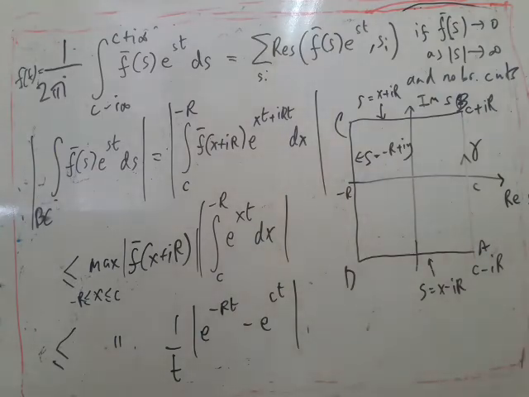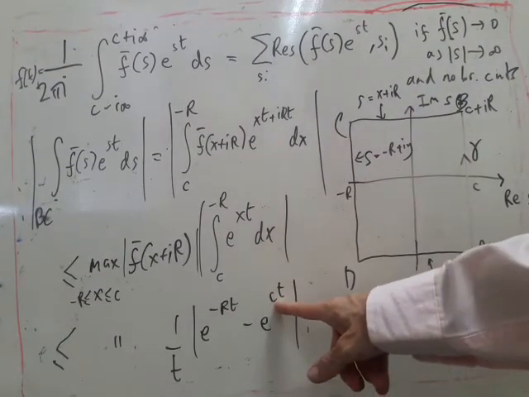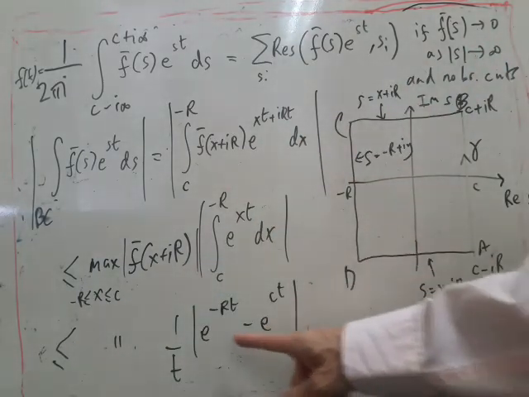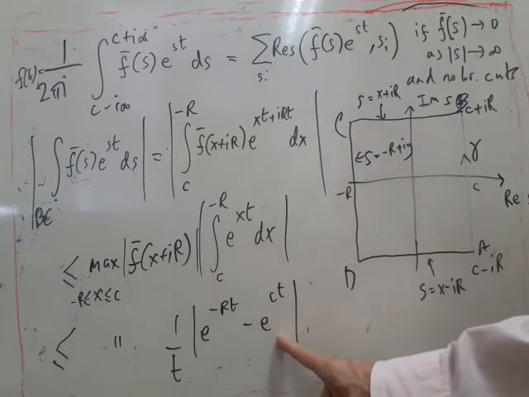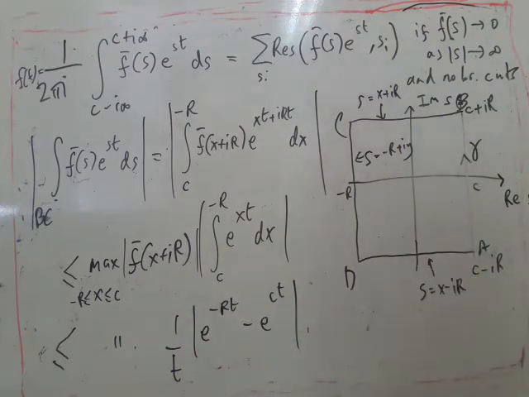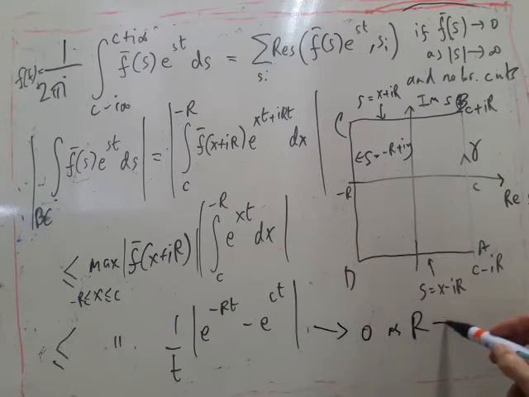I have to be careful, this is just some constant. So as long as this bit here is tending to 0, which it is, then anything tending to 0 multiplying some constant, as long as t remains finite, I'm okay. And then this obviously goes to 0. So in the end, all of this goes to 0 as r goes to infinity.